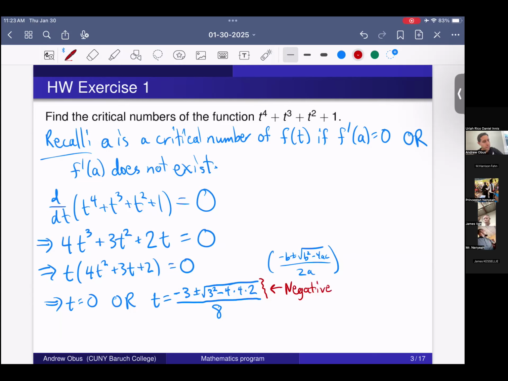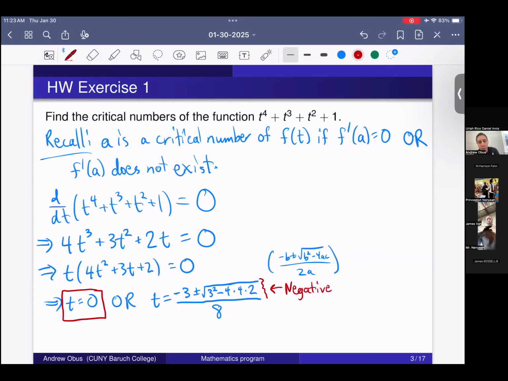And so that means these solutions here are not real solutions. They don't count for our critical numbers. They're imaginary. Since in calculus we deal with the real numbers, in the answer the only critical number here is t equals 0, right? That's the only choice.